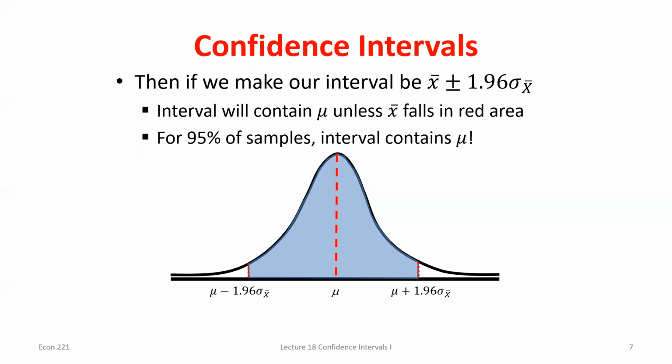Think about it this way: I don't even have to know what that mean is, but if I know the standard deviation of the variable I'm sampling from, I can determine what the standard deviation of those sample means are.